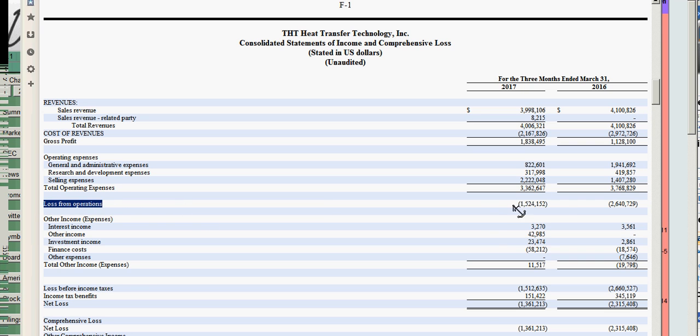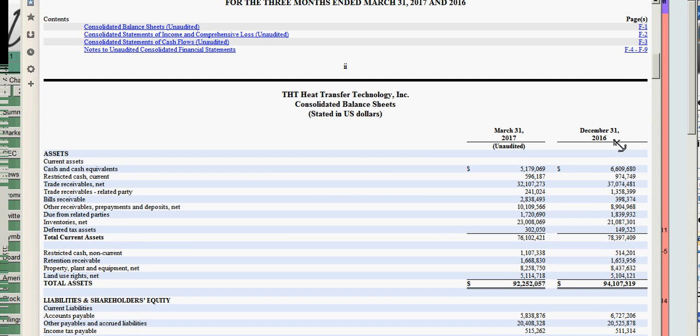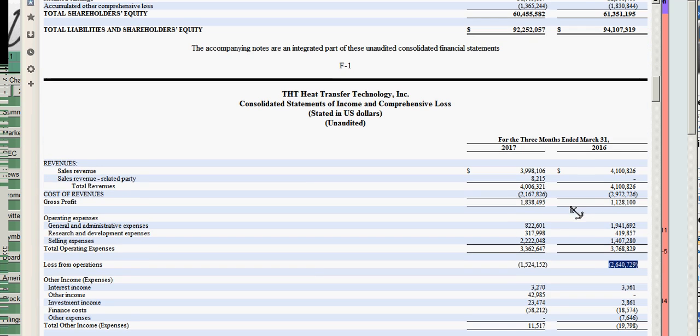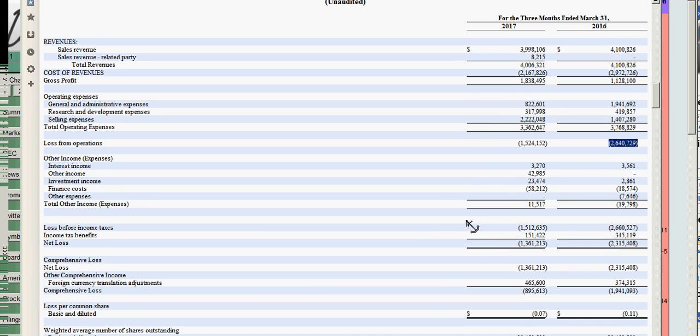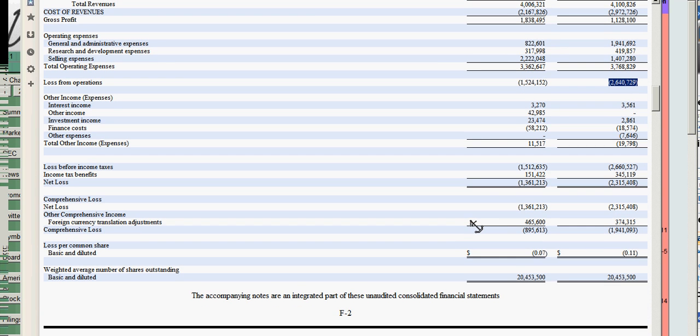Okay, and over on this column, you can look at last year. Last year they only lost $2.6 million, and you can compare the quarters on all of these numbers from the year before. So these guys are losing money every quarter. That might be a reason for the 21 cents a share.